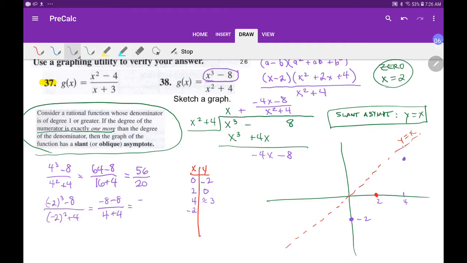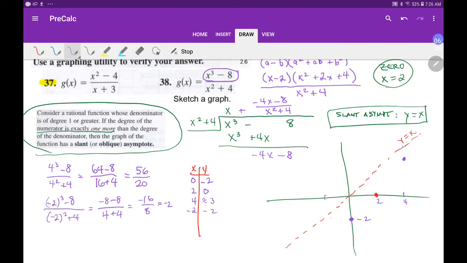So we get -16 over 8. That's a -2. So I get -2. So at -2, about right here, I guess, I get -2. What did I do wrong? What did I do wrong? Because it doesn't seem like I should.